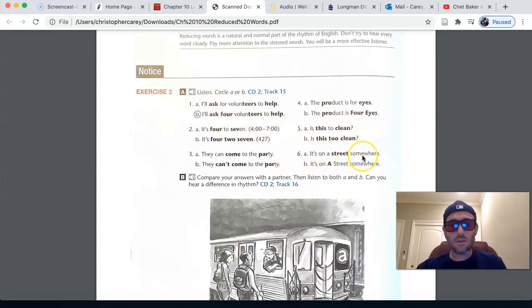It's on a street somewhere. We do this all the time with the preposition A in English. Instead of it's on a street somewhere, that's a content word, right? That's a place, a noun. Here, it's just a preposition and therefore is reduced.